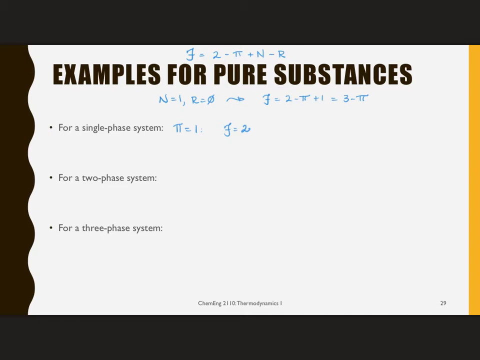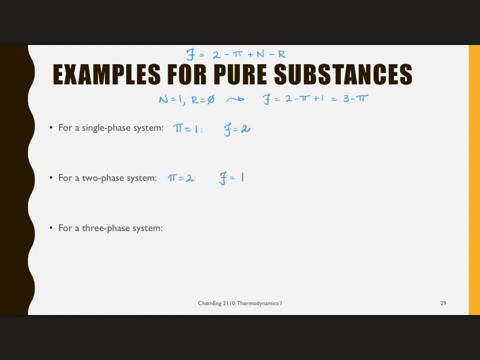So telling me 2 things is enough to tell me what the state of the system is when it's only one phase. If there are 2 phases, so a solid-liquid at equilibrium, or one of those boiling mixtures, pi is equal to 2, and the degrees of freedom, therefore, is 1.